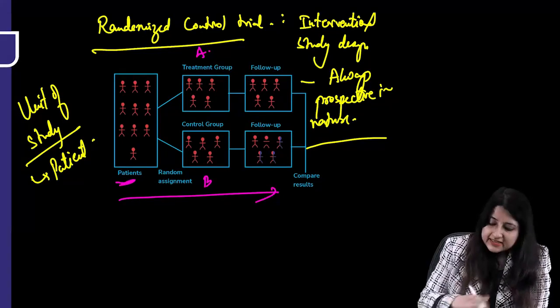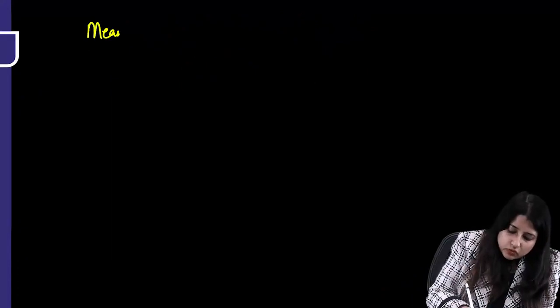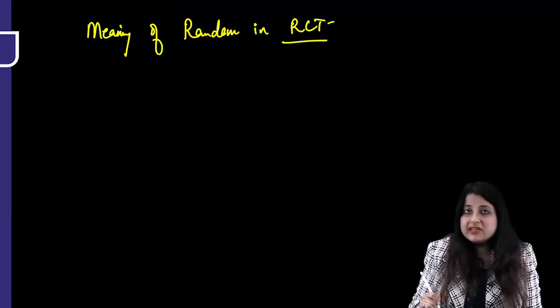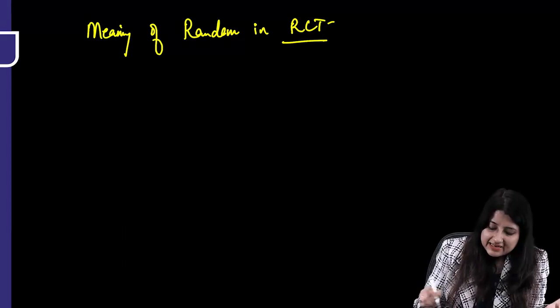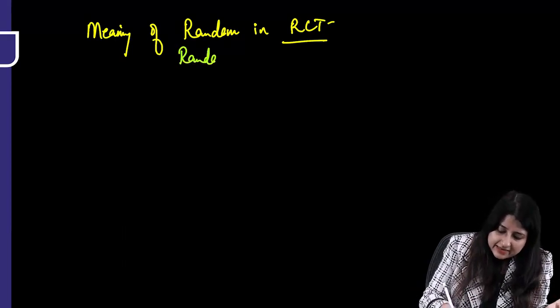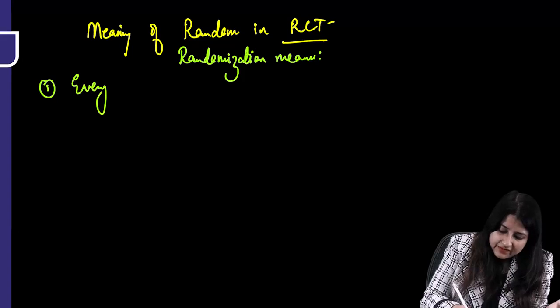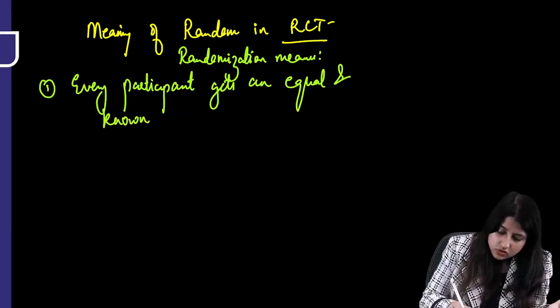So the most important thing is, what is the advantage of a randomized controlled trial? Or they ask you, what is the meaning of random in RCT? See, random generally means something haphazard, but here random means something disciplined. Random in randomization means, very important, that every participant gets an equal and known chance.